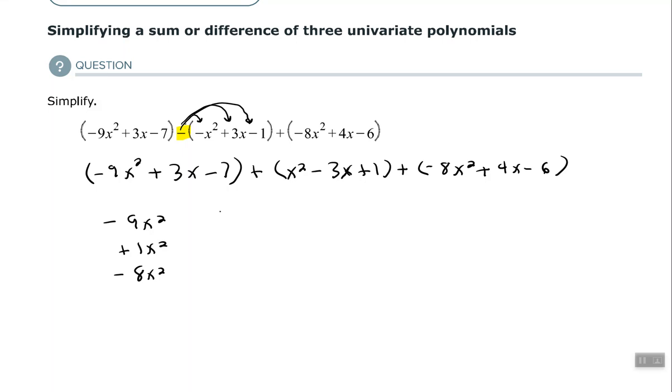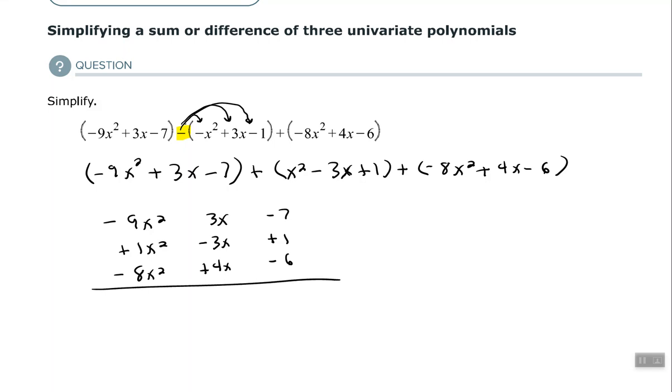Okay, and then we have a 3x in the first parentheses to the first power, and in the second parentheses we have a negative 3x, and then in the third parentheses we have a positive 4x. And then for our regular numbers we have a negative 7, a positive 1, and a negative 6.